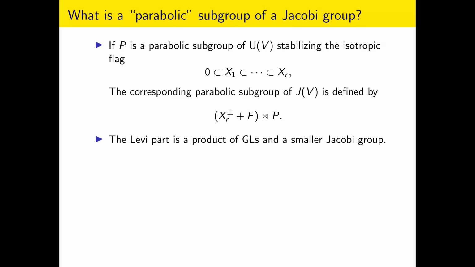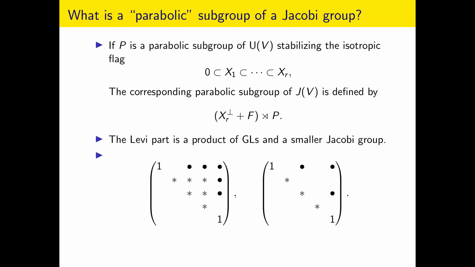But the Levi part is just the product of GLs and the smaller Jacobi group. So this is what a parabolic subgroup of a Jacobi group looks like. Inside this UV part, it's a parabolic subgroup, and inside this Heisenberg group part, you take some part of the Heisenberg, essentially. And this is the Levi, a product of GLs and a smaller Jacobi group.